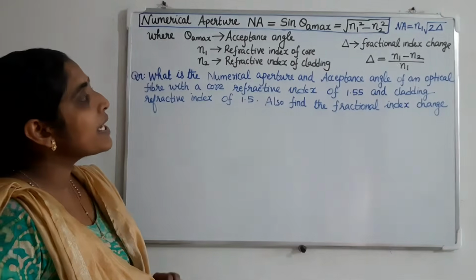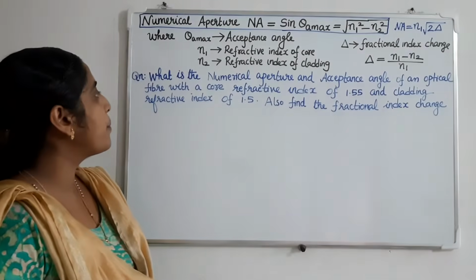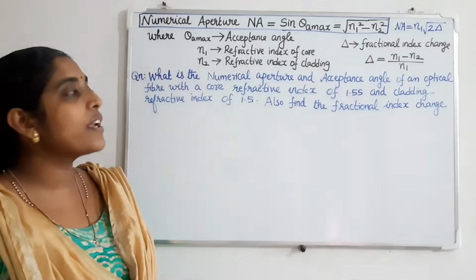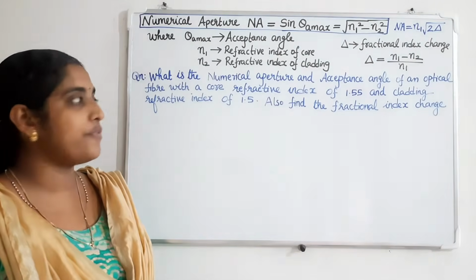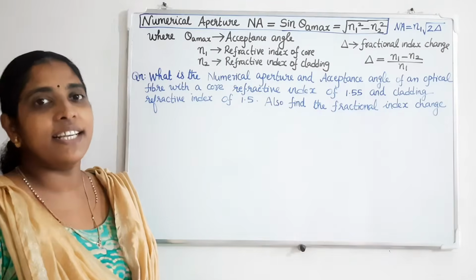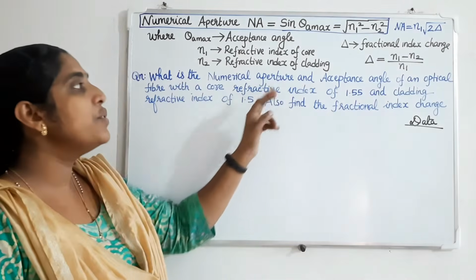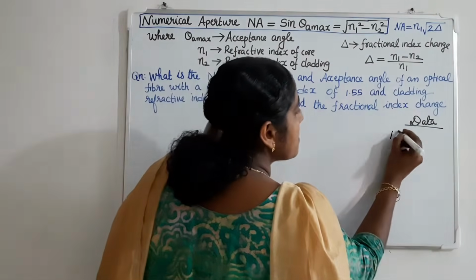What is the numerical aperture and acceptance angle of an optical fiber with a core refractive index of 1.55 and cladding refractive index of 1.5? Also find the fractional index change. Calculate the numerical aperture and the acceptance angle.